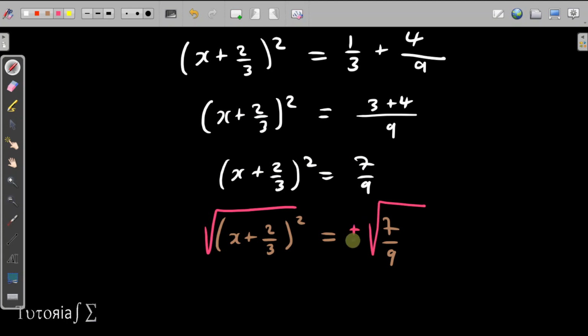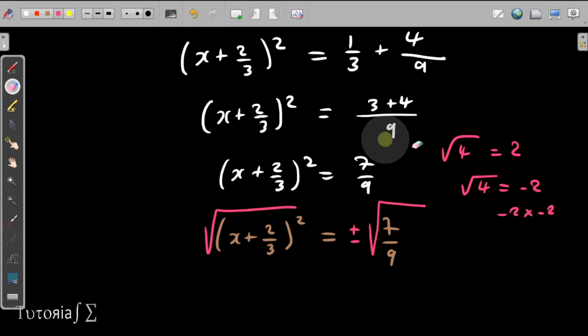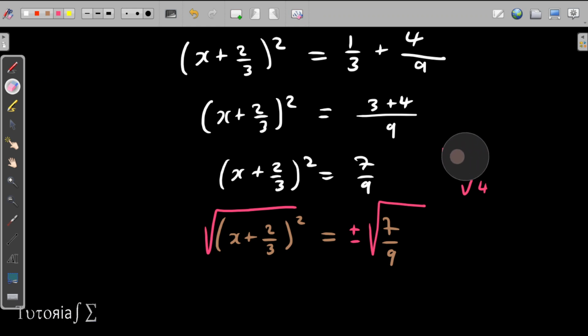And here we'll put plus or minus because a square root has two answers. For instance, square root of 4 is equal to 2 because 2 times 2 will give us 4. Square root of 4 is also equal to negative 2 because negative 2 times negative 2 will give us 4. So square roots have two answers, so that's why we're putting plus or minus this side.